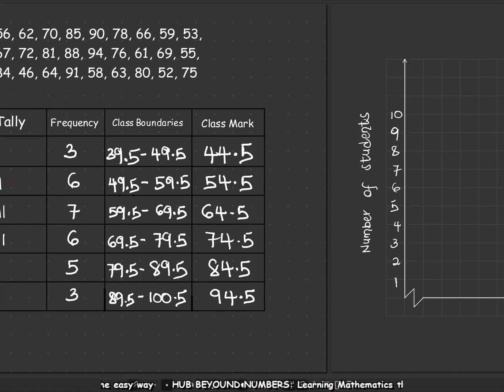To use the class boundary, you would realize that the upper class boundary here is the lower class boundary of the next one. The upper class boundary of this is the lower class boundary of this. That is just the trick. Starting from our 0, we have skipped so many numbers, and our first number here I wouldn't bring it here, but I'll write it over here. It's going to be 39.5.